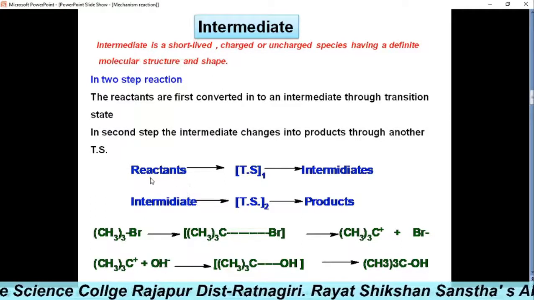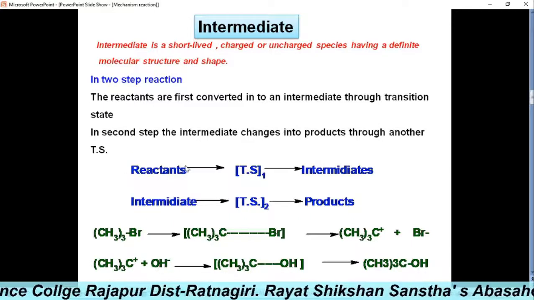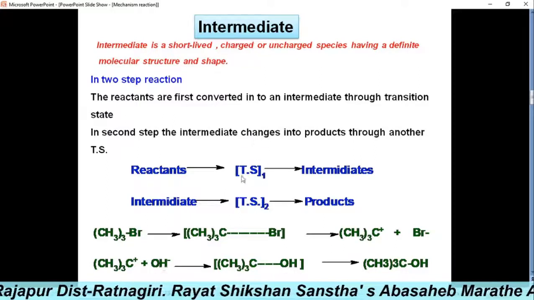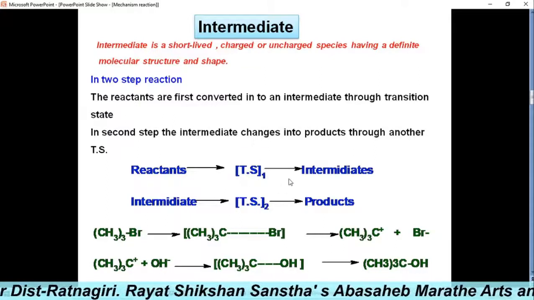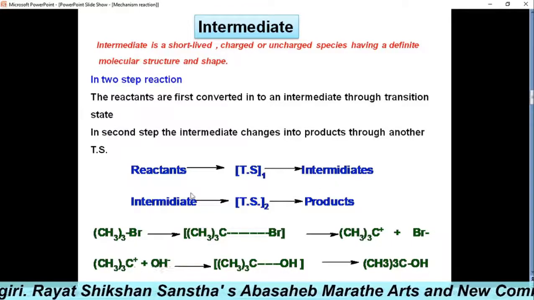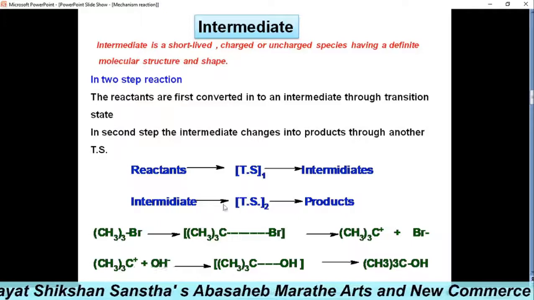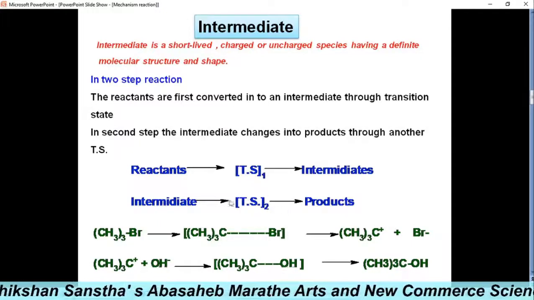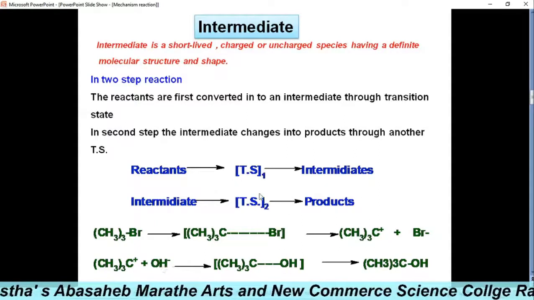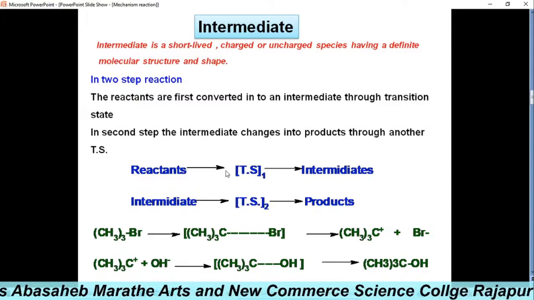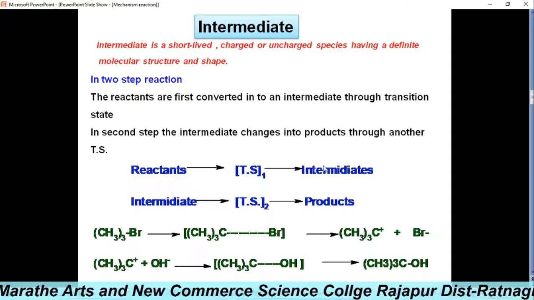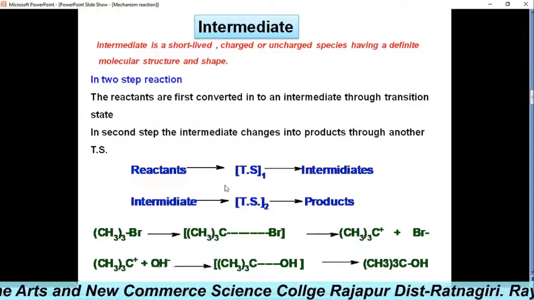See, firstly these reactants are converted to the first transition state, and this transition state is converted into an intermediate. And this intermediate is converted to a second transition state, and then this second transition state converts to the products. So we have seen how to convert reactant to products.